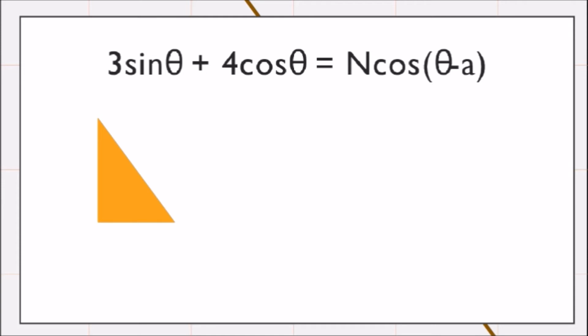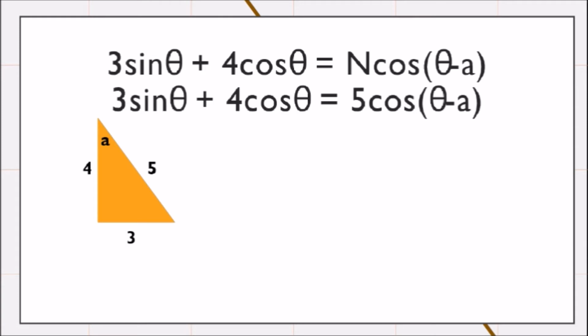So we can draw a triangle here with the coefficients of the sine theta and the cos theta. So if we put the cos theta there and the sine theta there, so we've got a 3, 4, and the hypotenuse will be our n, and the top angle will be our a. So just through Pythagorean triples, we know that n is 5.